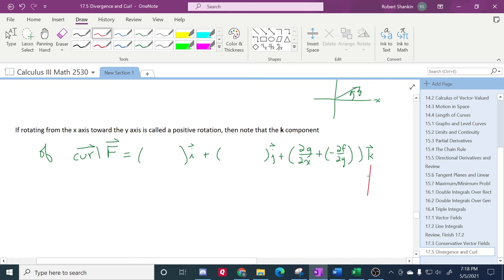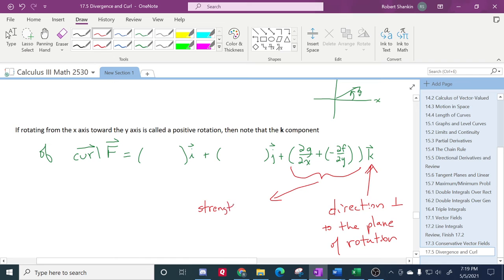This right here is the direction perpendicular to the plane of rotation. This turns out to be the strength of rotation.